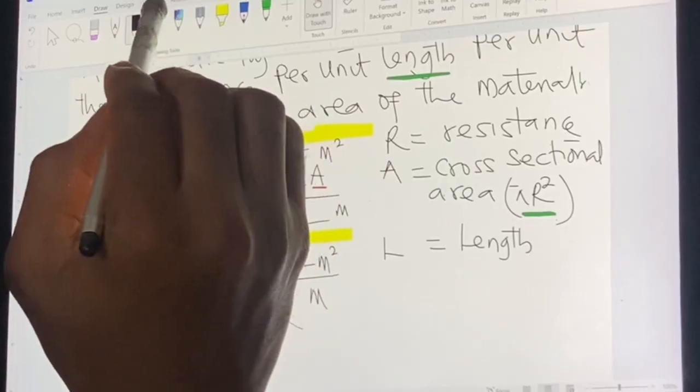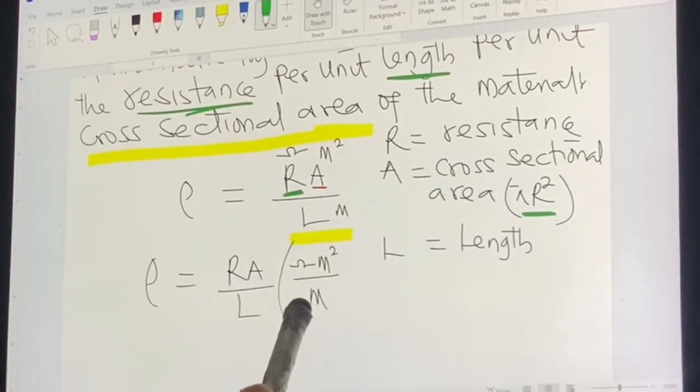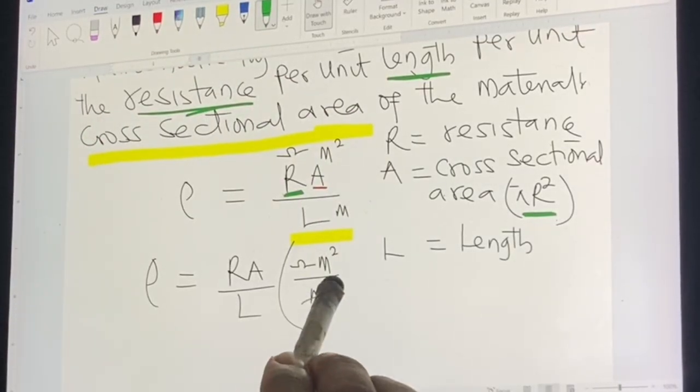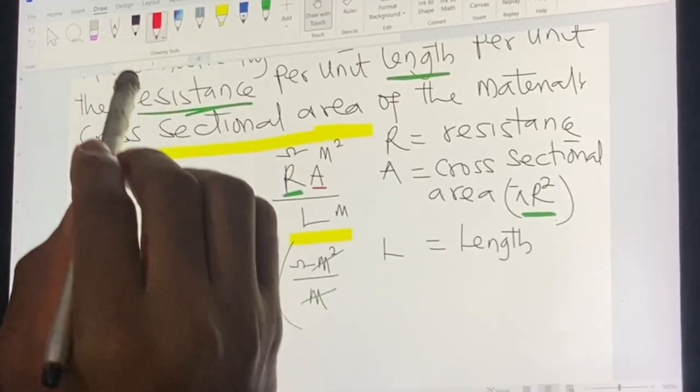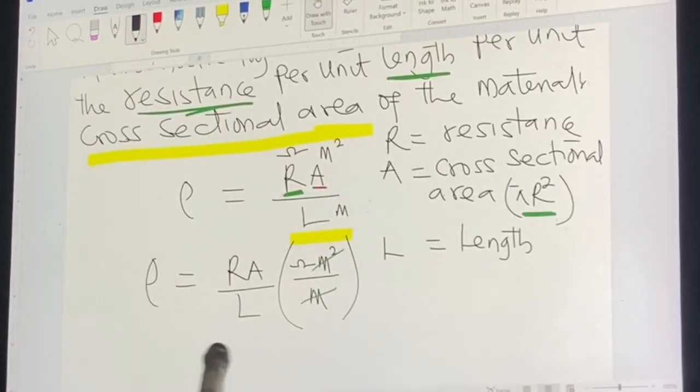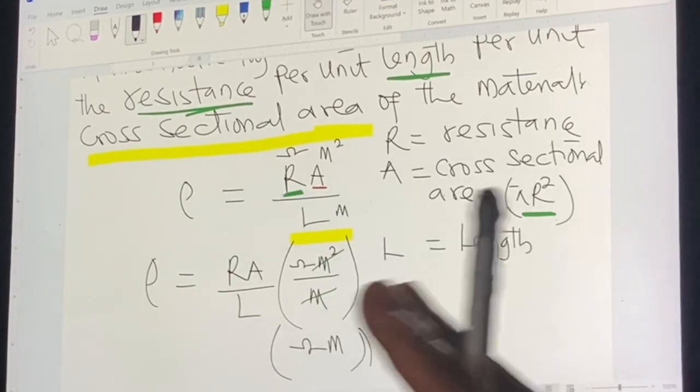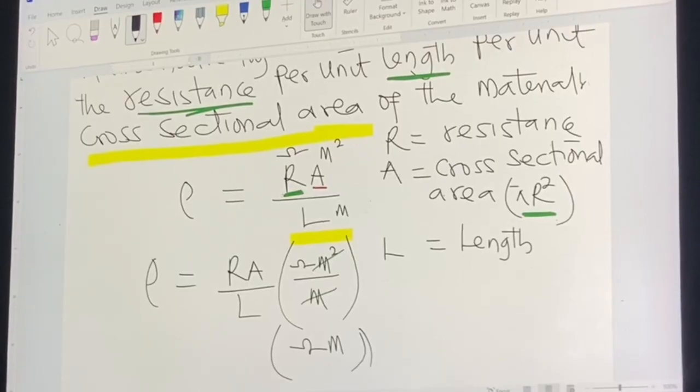Please take note, we are using the formula method to express the unit. This meter will cancel this meter, and I'll be left with one meter at the top. So the unit of resistivity is ohm meter.